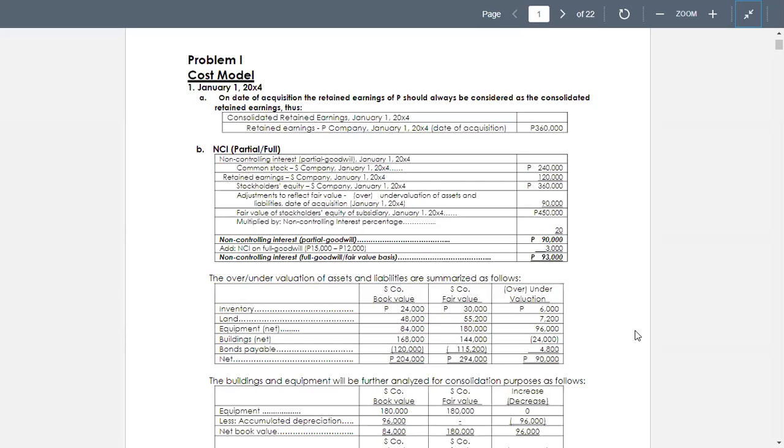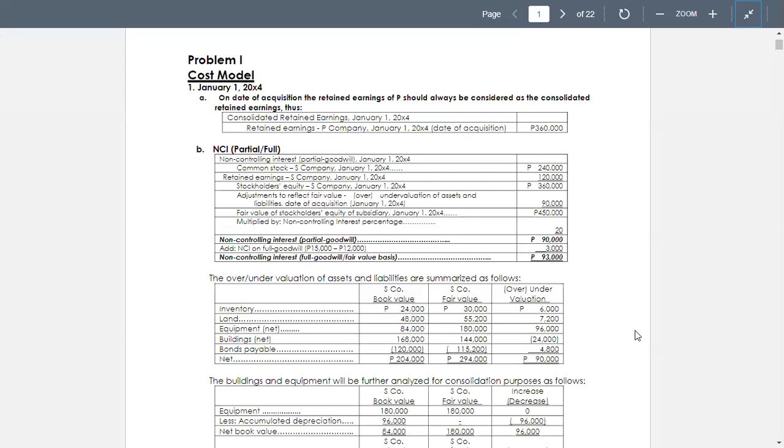Okay, so in letter A, as required in the problem, we determine the consolidated retained earnings on January 1, 20x4. On January 1, 20x4, which is the date of acquisition, the retained earnings of the parent should be considered as the consolidated retained earnings.